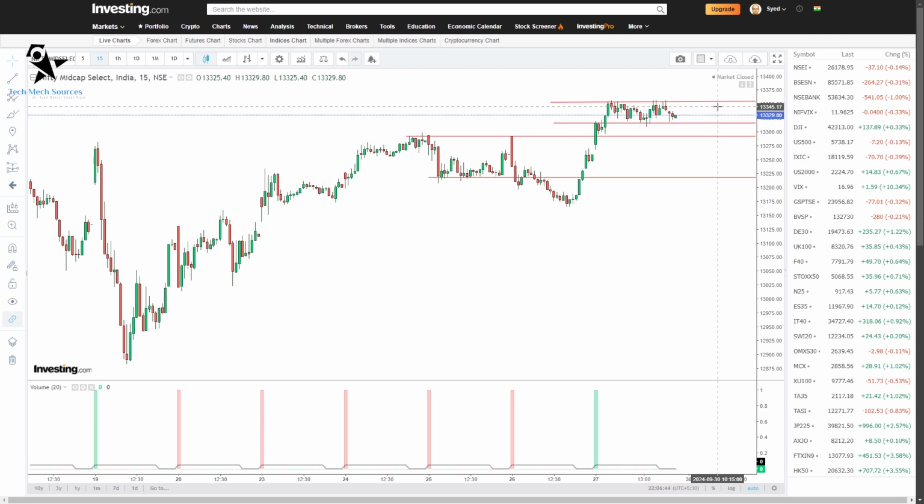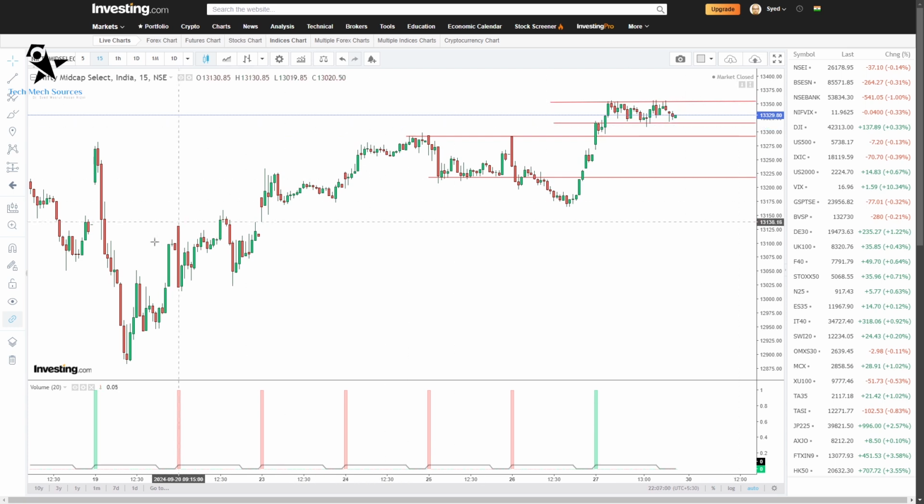If the index opens above 329, then it might go up to 350. And if it crosses 350, then I'll discuss the next resistance.